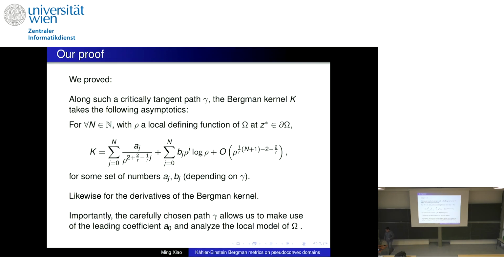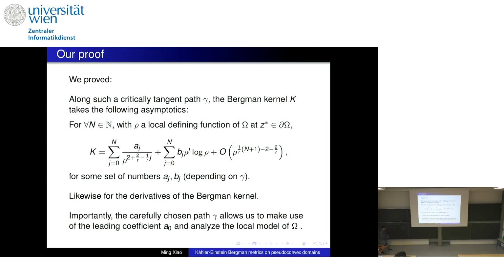It will be interesting to compare this expansion with Fefferman's expansion. So Fefferman's expansion is, we are in C2, that's only right for C2. Then this will be a cube, and this will be a log term.